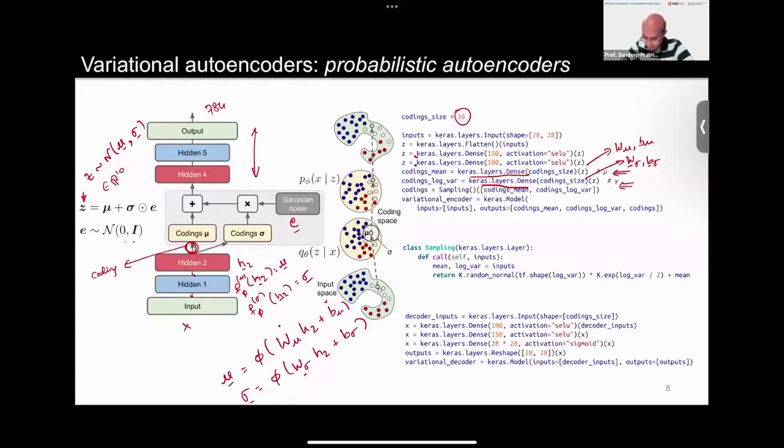Now, if it is going to learn a different W for mu and a different W for sigma, mu will not be equal to sigma. Do you see that? So when you're training all this, you're learning basically W1, B1, W2, B2, and then W mu, B mu, W sigma, B sigma, and so on.